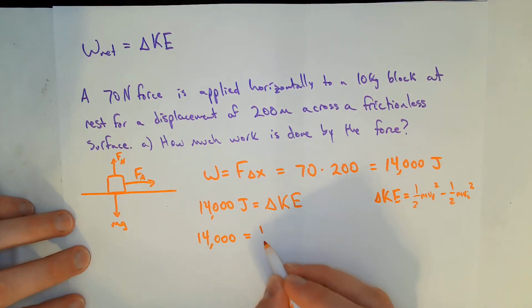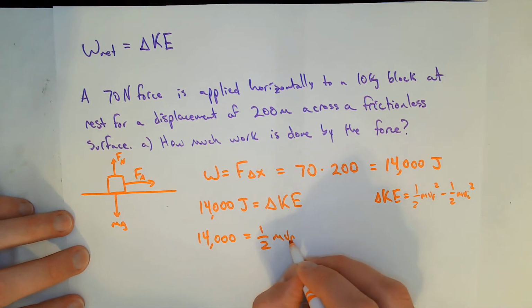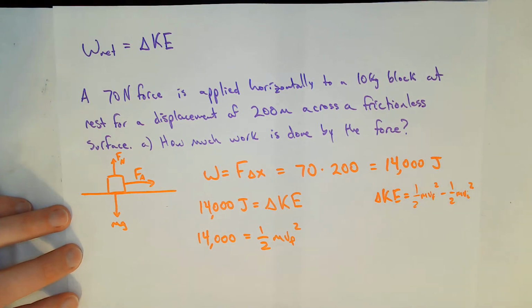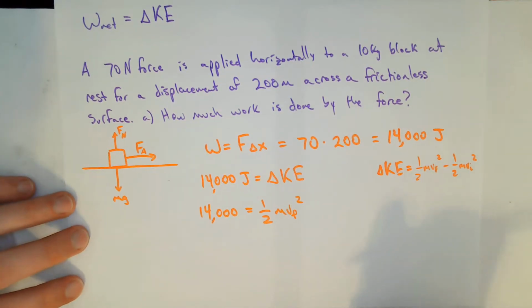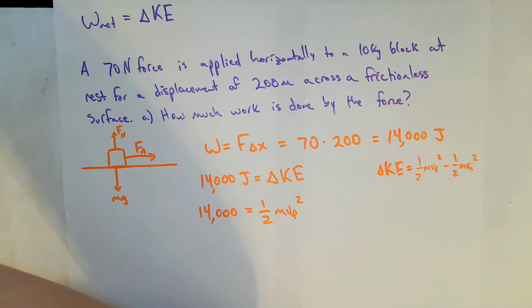I'll put the units back on at the end. 1/2 mv final squared, because the initial velocity is 0, so this term completely went away. And now I'm ready to solve for, oh, wait a second, I already solved part A. I moved on to part B without even asking the question, sorry.